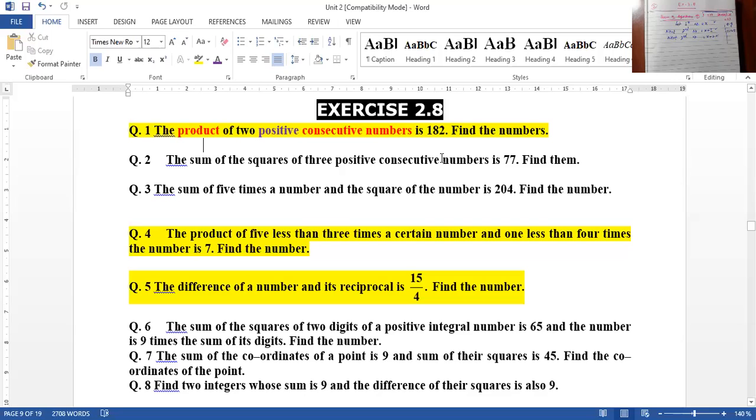Numbers can even be rational or irrational. So the appropriate wording would be the sum of squares of three positive integers, because integers are numbers in the form of whole numbers. Otherwise numbers can be in decimal form or something like that.